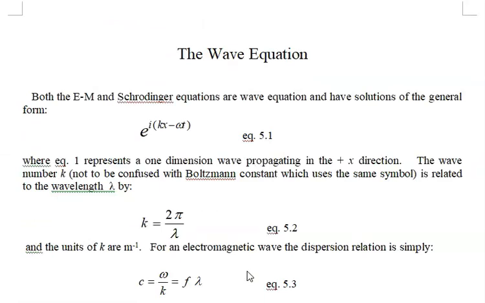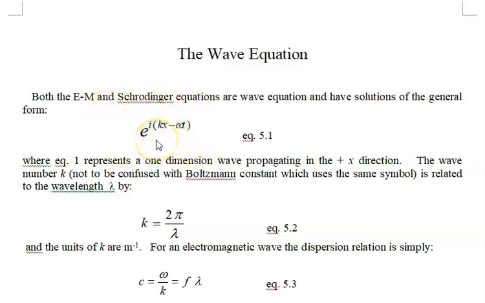The wave equation, either for E and M, where E and M here is electromagnetic, and if we have an electromagnetic wave or an acoustic wave or a wave function in the quantum world, the Schrodinger equation, which describes that, but they're all waves.